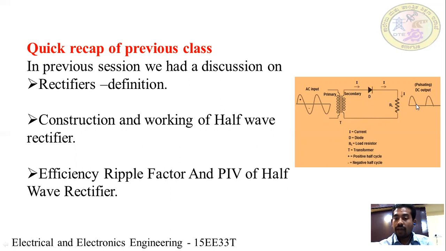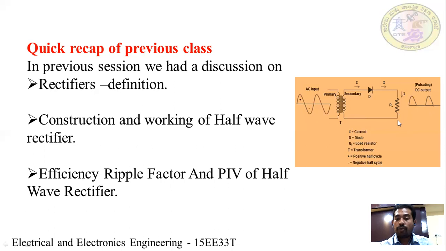Hence, we are not getting any output. This is the output line which we are getting as 0 during the negative half cycle. Again the cycle repeats, and the output which we are getting is the same as during the positive cycle.